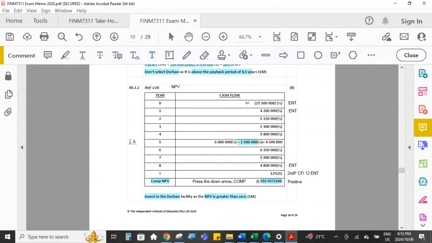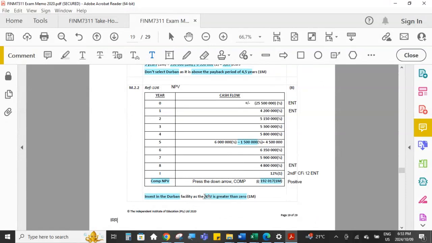Okay. Then where are we now? We've got just a few minutes left. Then for the internal rate of return, which unfortunately they haven't asked us in this question, so we don't have it on screen. Our third method, internal rate of return, I'm just going to type it in at the bottom here.